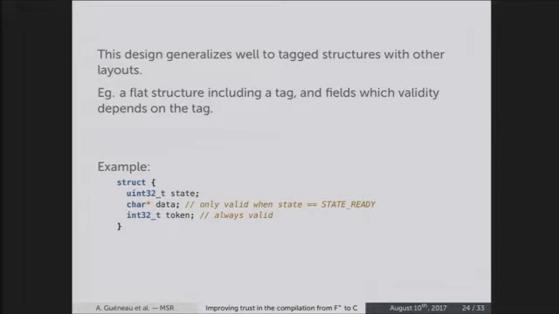And then this overall design generalizes to other kinds of tag data. For example, you can also think of a flat structure with some integer tags that indicate the validity of some of the fields.